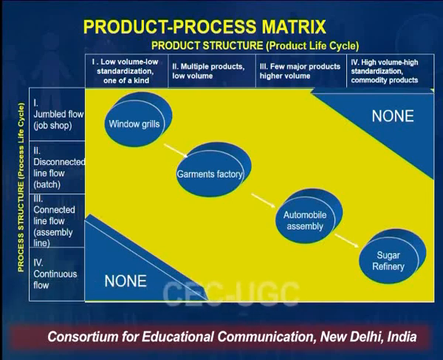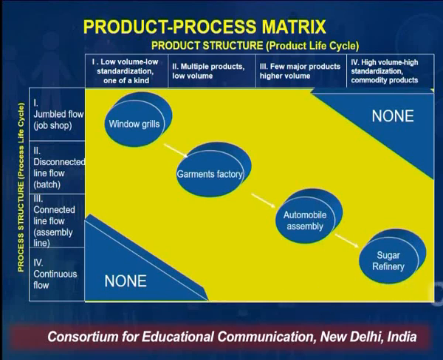On the top you are seeing the example of window grills. These window grills follow a job shop kind of technology. It follows a jumbled flow, and these are one of a kind products. One of a kind means different people will give different designs and different kinds of products will be made.